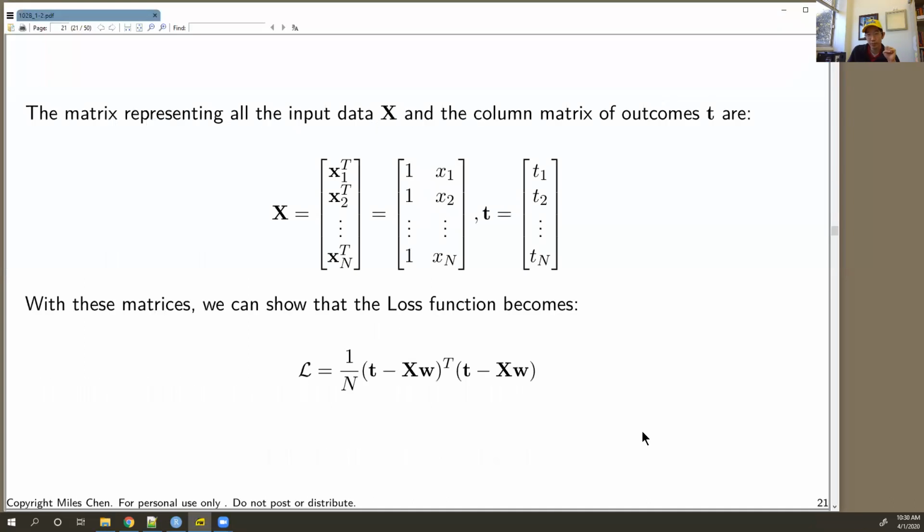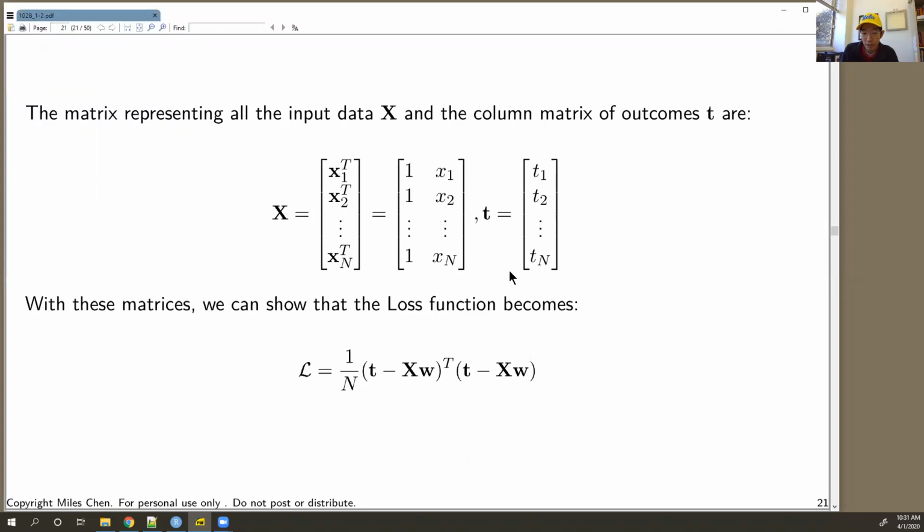Therefore I can expand all of that and take all of my xn's and make a big X matrix, okay? So the big X matrix is going to be x of 1 transpose, x of 2 transpose, and so on. It's basically a column of 1s and a column of the X values. And then the observed Y, or the observed T values, the actual values, is just going to be a column of t sub 1 down through t sub n, okay?